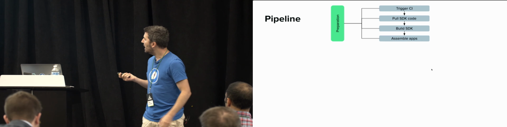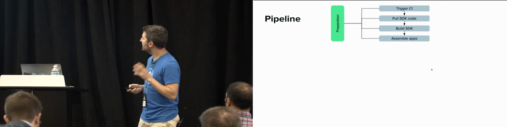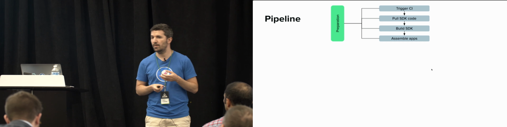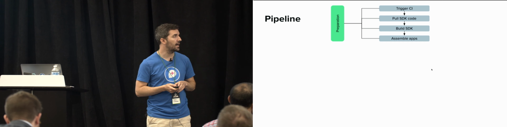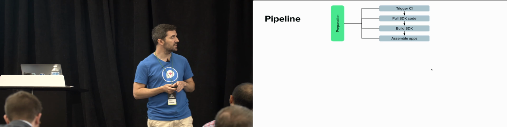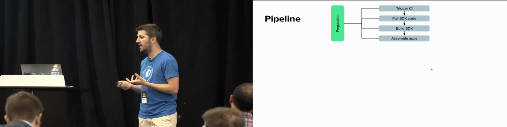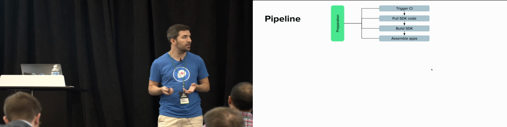Now let me show you the pipeline. This is more like an implementation of the process, but first of all we need to prepare everything. So you might need to have a trigger for your CI, which will pull the code and build the SDK or the app.